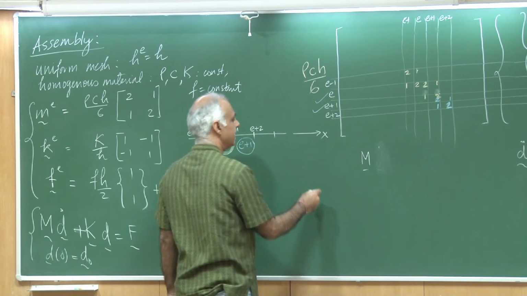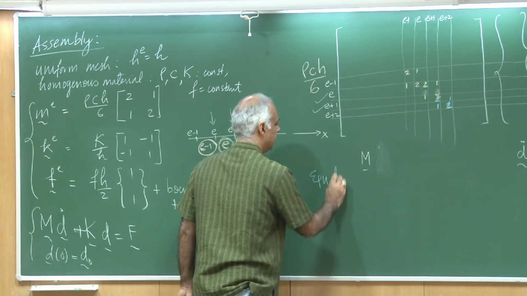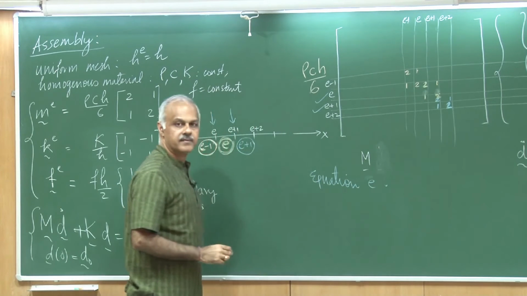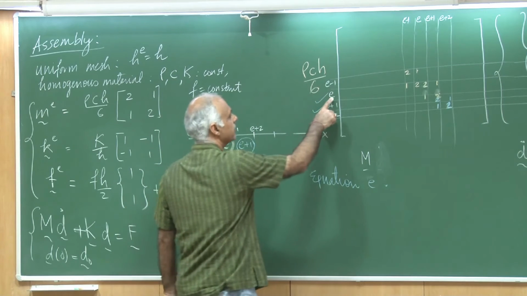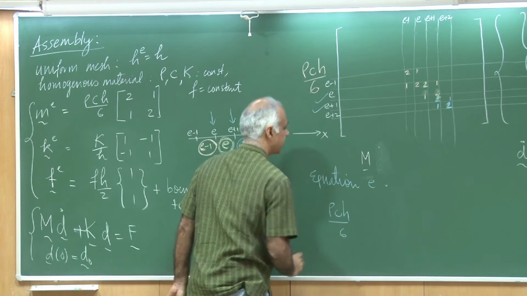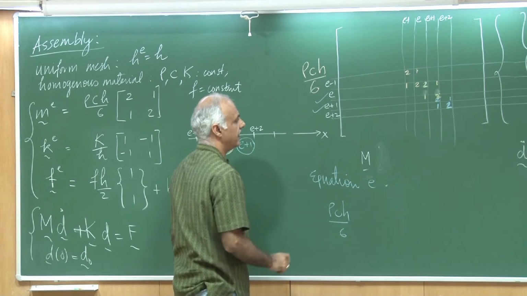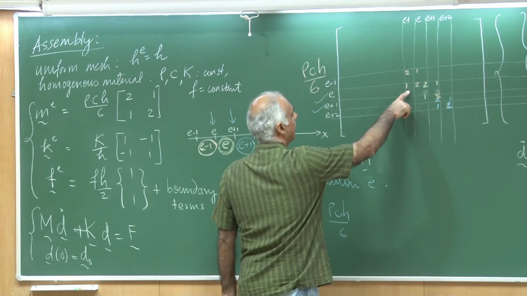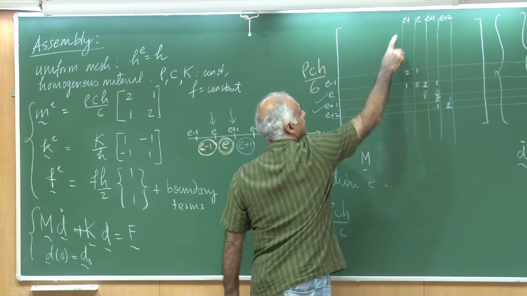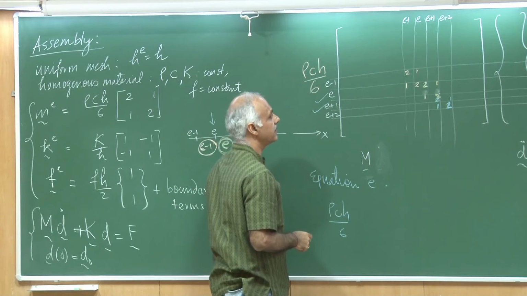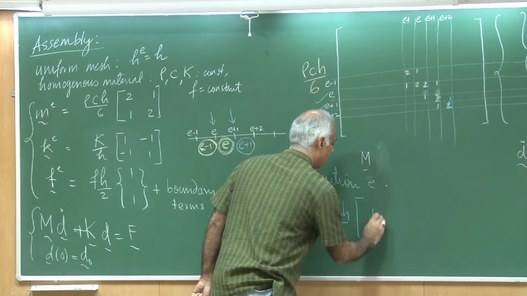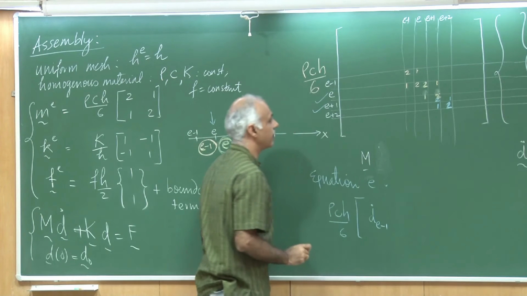So, for simplicity, let me write down equation E. I can write down equation E as rho C H by 6, and then I would have to multiply the first quantity, because this is column E minus 1, with d dot E minus 1.